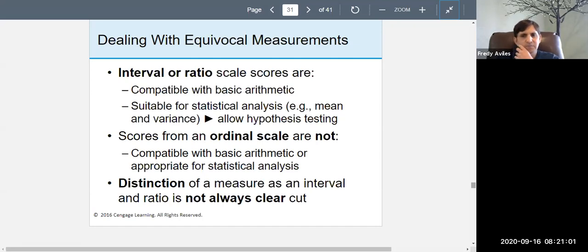By the way, the distinction between an interval and a ratio scale is not always clear. When you have these interval and ratio scales, the only difference is that one has a real zero and the other does not, a zero meaning that there's nothing. But it's not always clear which is which.